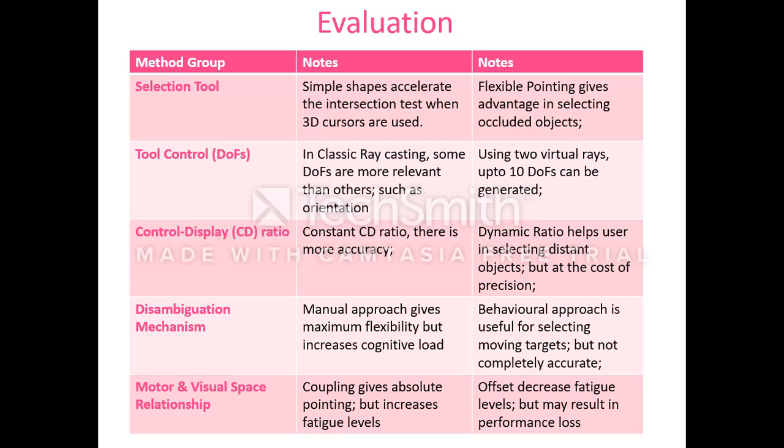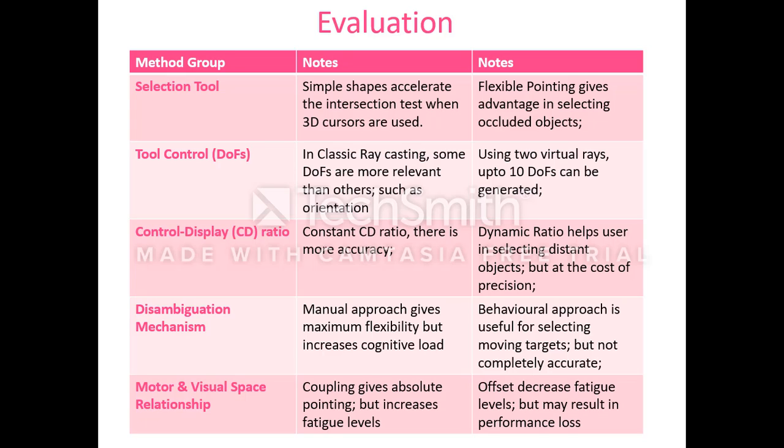And then we have tool control degrees of freedom. Basically, in classic ray casting, some degrees of freedom are more relevant than others. For example, if you make the origin of the ray constant, then you can just manipulate using the orientation, just the 2 degrees of freedom of orientation.